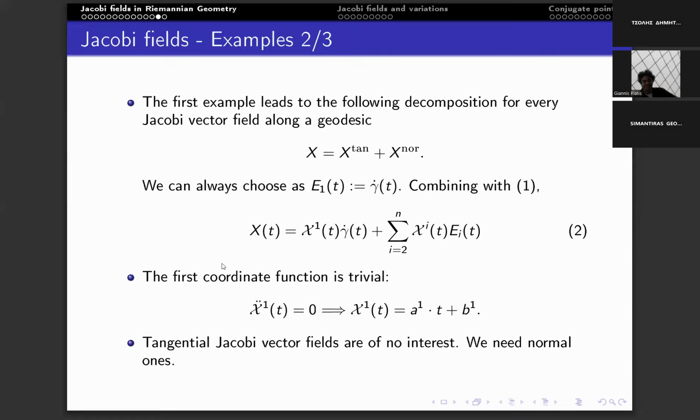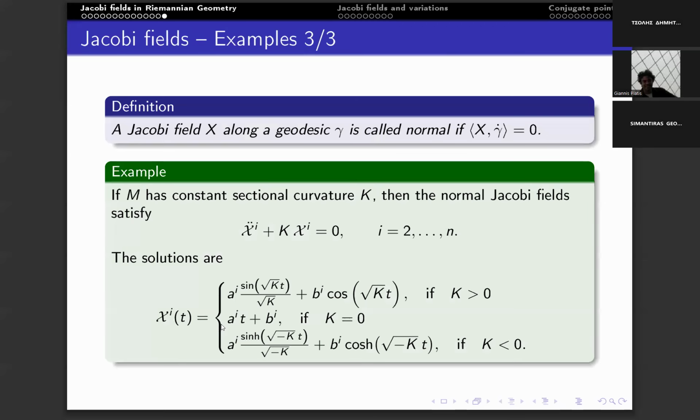But by solving the differential equation for the first coordinate function by using the Jacobi condition, we can see that the first function is trivial for the tangential part. So the tangential Jacobi vector fields are of no interest, and we need the normal ones.